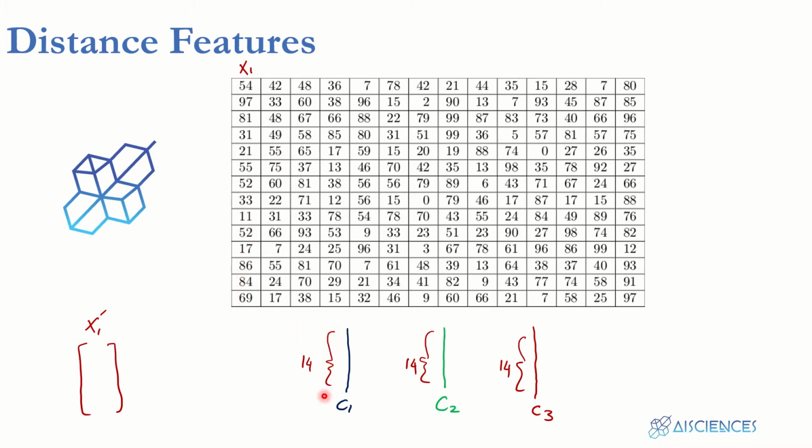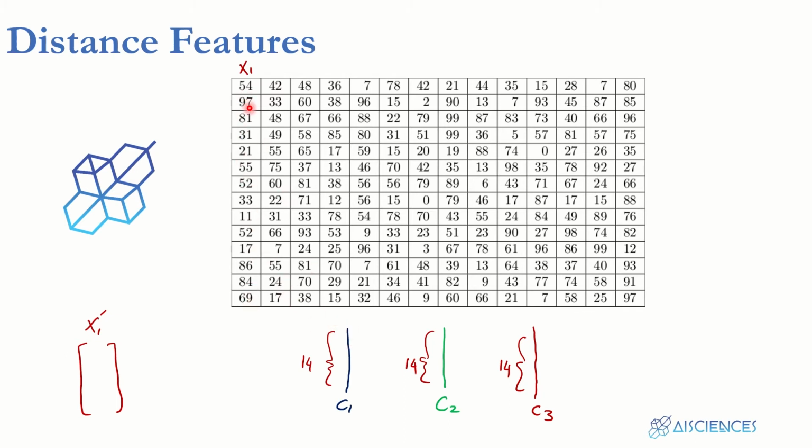So you pick this x1, the whole vector, and you take its distance from C1. You can use any distance metric, but let's say we use square distance, which means you pick the very first value, 54 in this case, and the very first value of the centroid, you subtract them, take their square. You pick the second value, and the second value from here, subtract them, take their square, and so on.